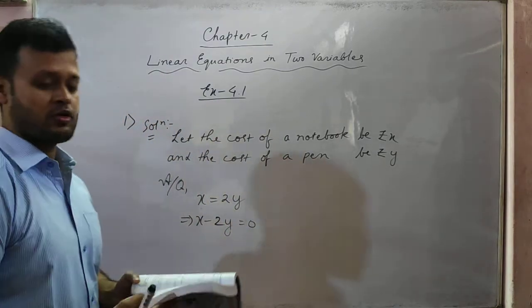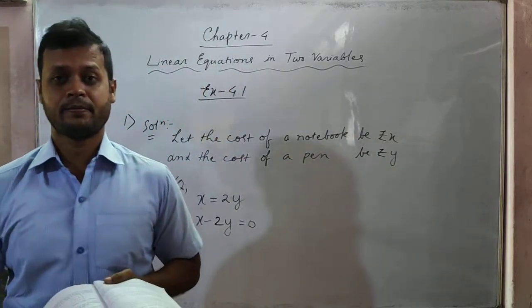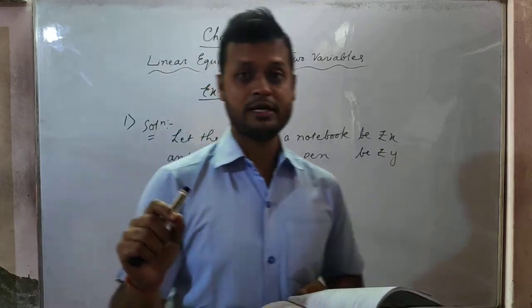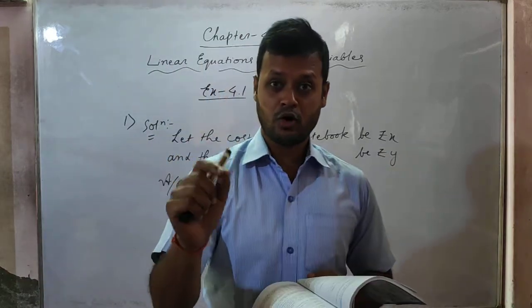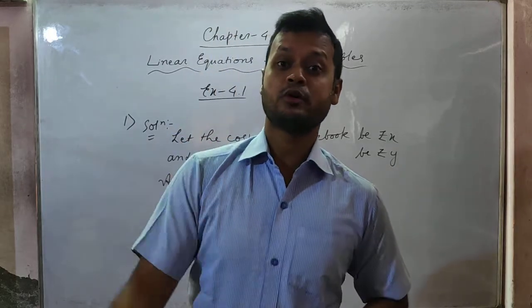In the question it is said that the cost of the notebook is twice the cost of the pen. The cost of a notebook is 2 times the cost of the pen.